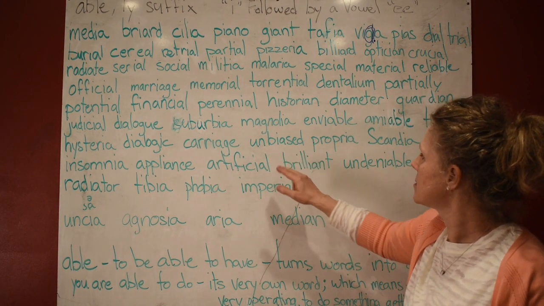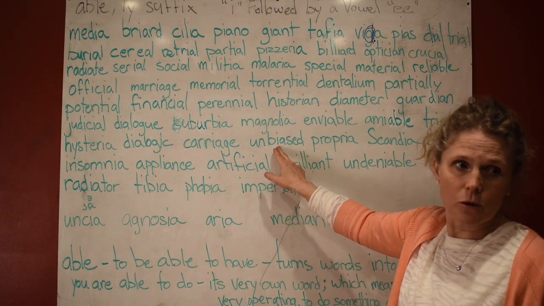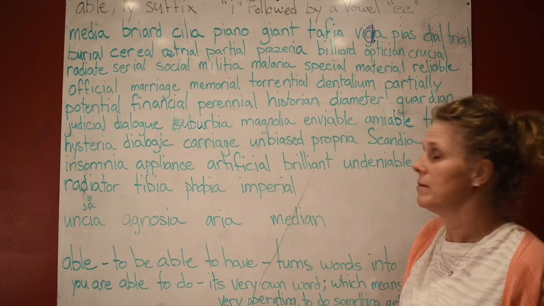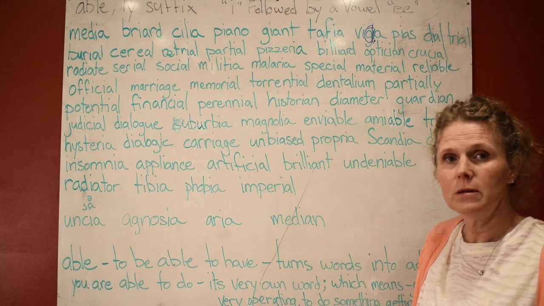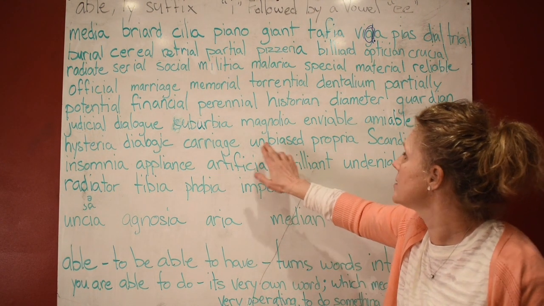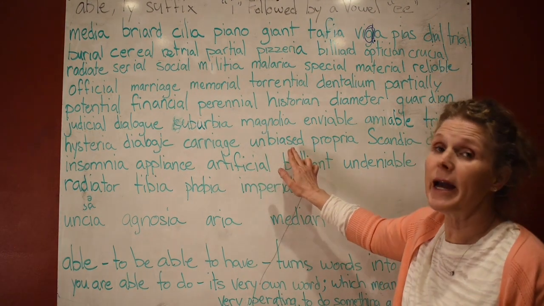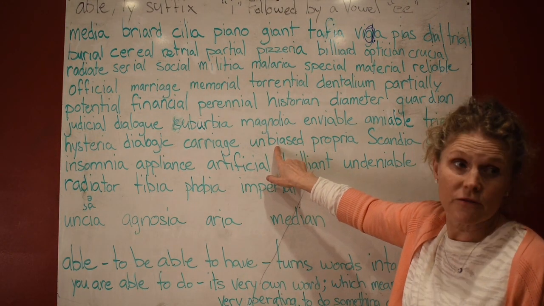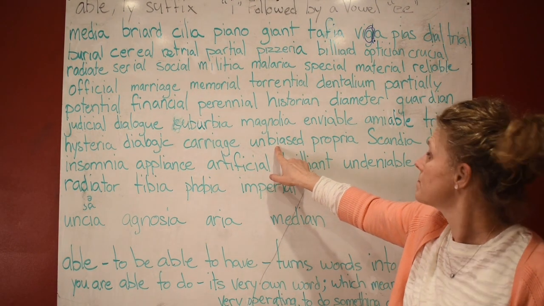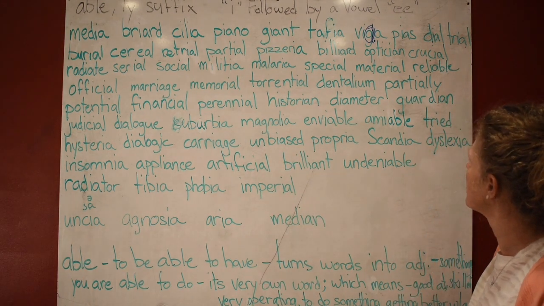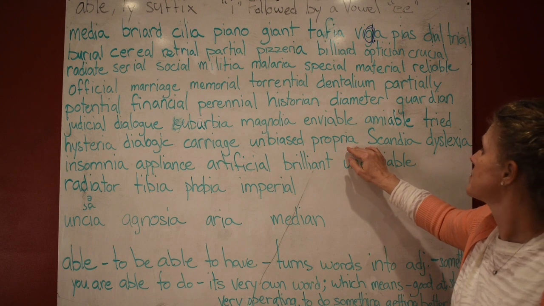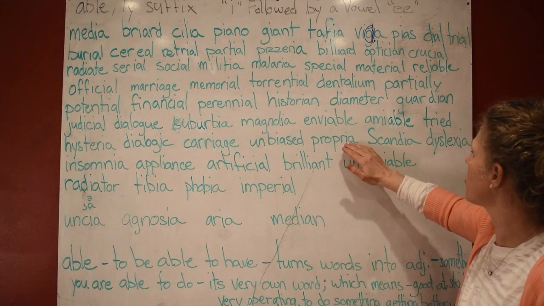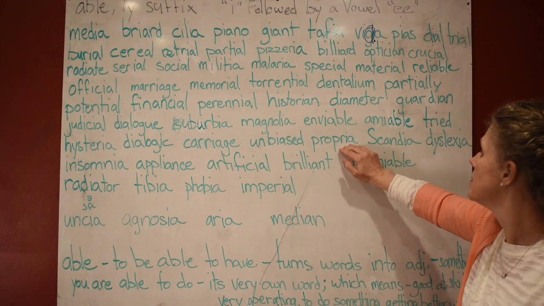Unbiased. But look, this isn't the first syllable, but why is it saying "by"? Because this is a prefix. You could have biased, and then it's the first syllable. Propria. Now this is Latin, and it goes with a phrase, but I just wanted to pull that part of the phrase out.